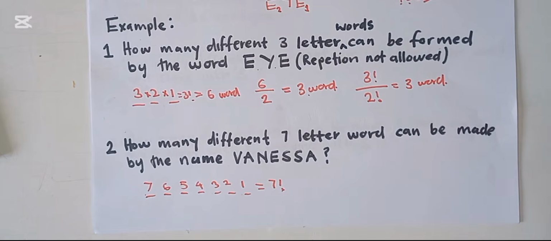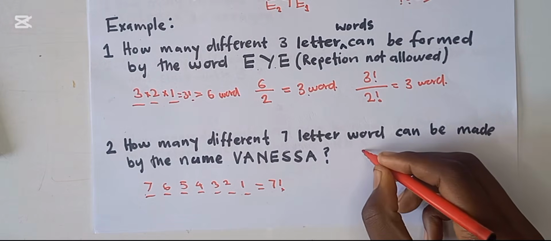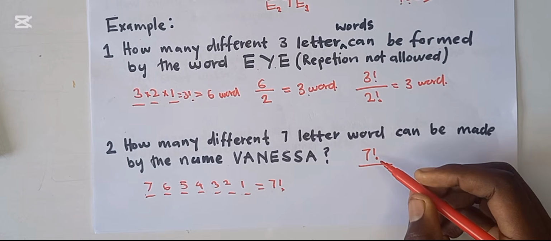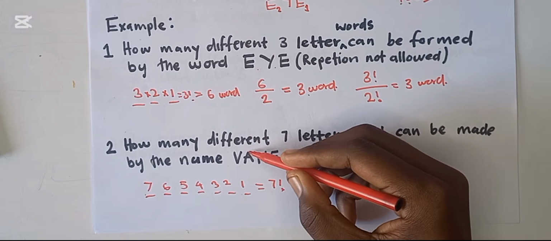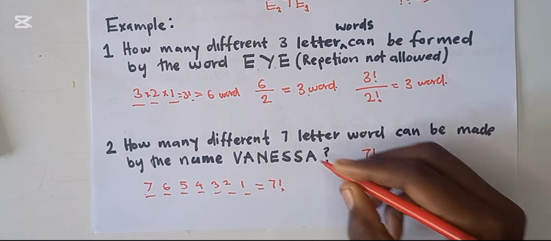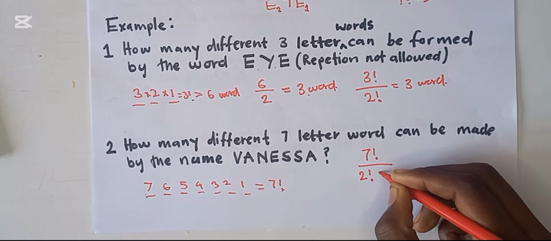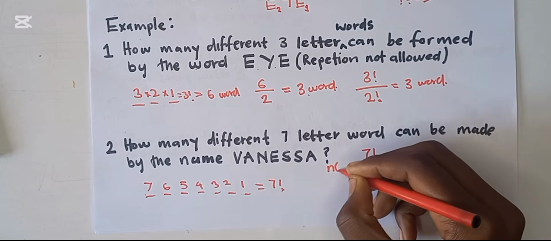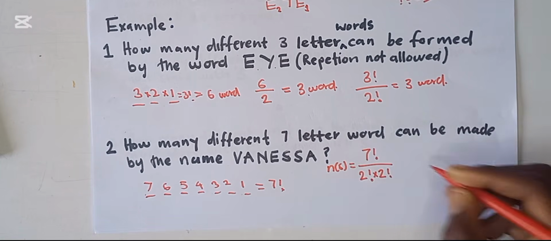This is the same as 7 factorial. But we say that when we have repeated letters, we have to divide by the number that repeats. So here we say 7 factorial divided by the number of letters that repeat. The repeated letters are A and A, which is 2 factorial, and the S's, which is 2 factorial, and we multiply these. You're going to get the number of words that can be formed.